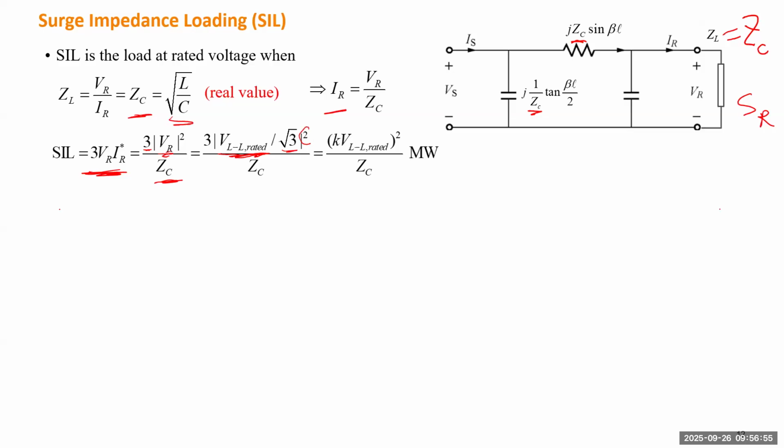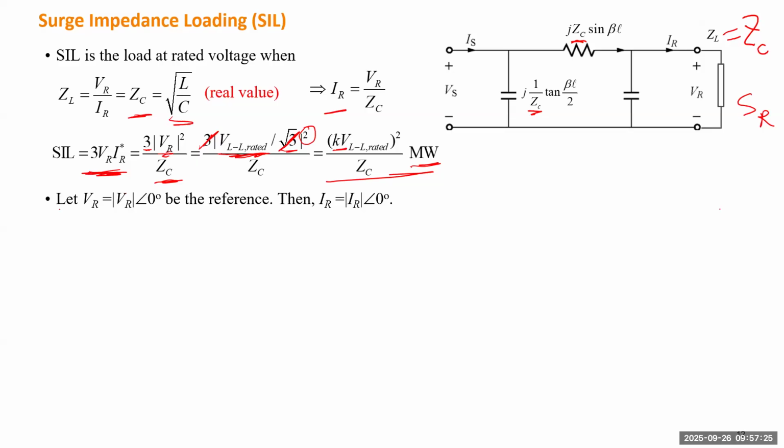And because there's a square, finally this root 3 will be canceled with this 3. So finally, surge impedance load is defined to be the line-to-line voltage squared divided by the surge impedance, and the unit will be megawatt, if for voltage we take kilovolt as the unit.